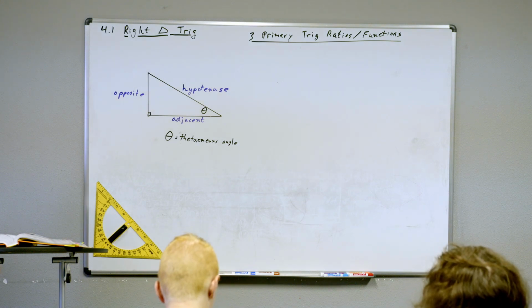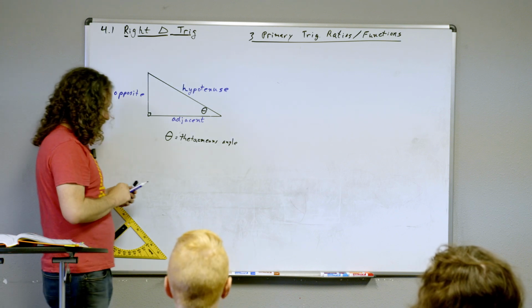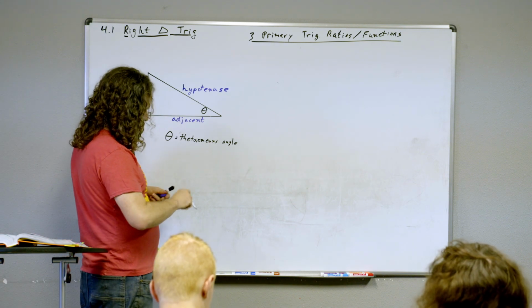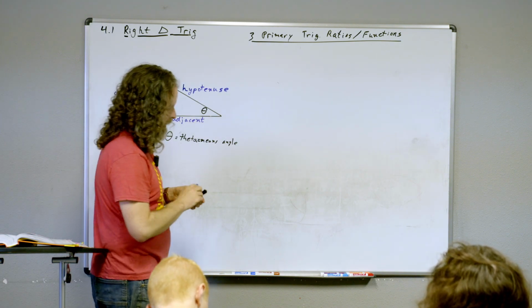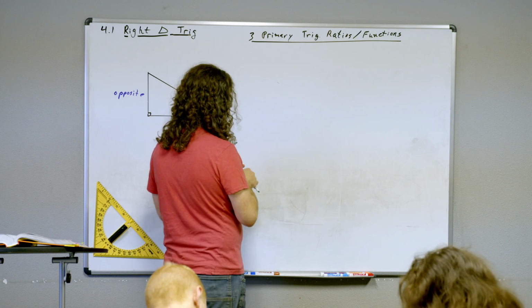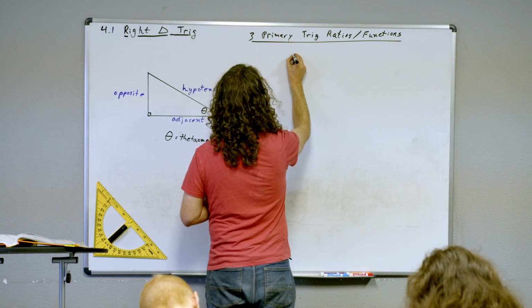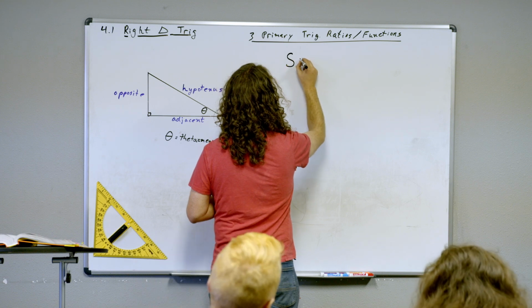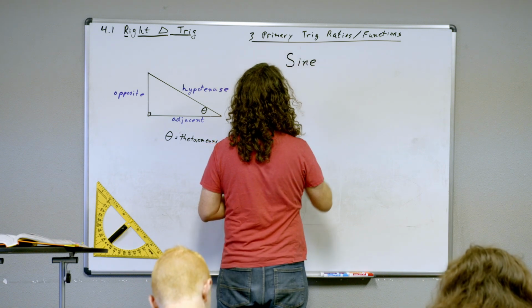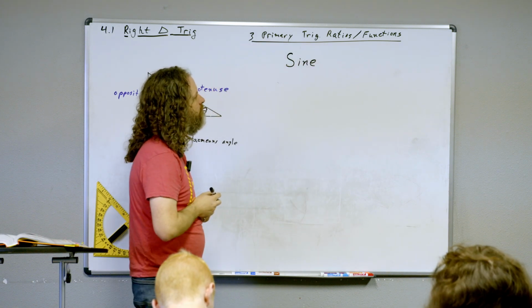There are three ratios that we can write with these. The first ratio is called sine, which is spelled S-I-N-E.